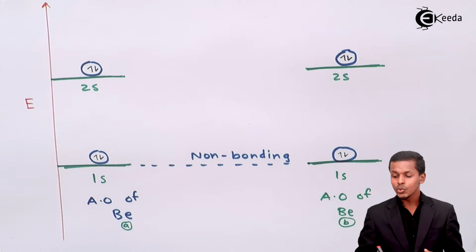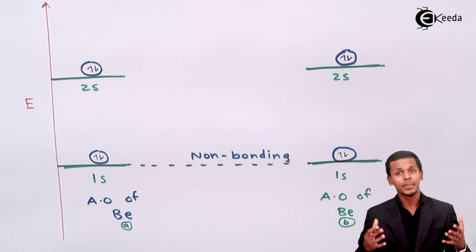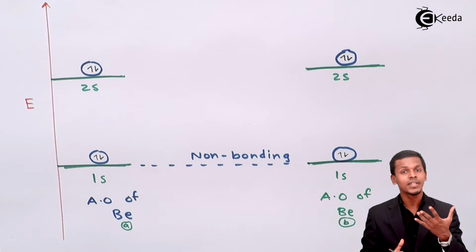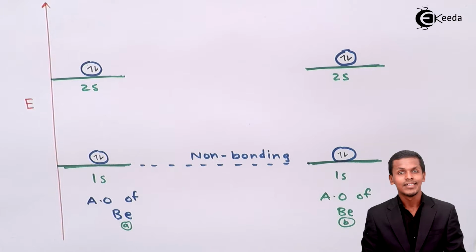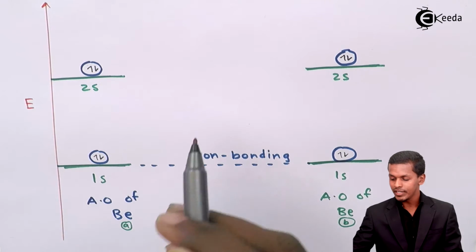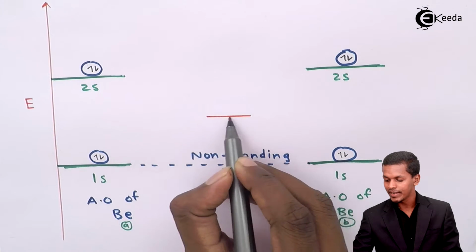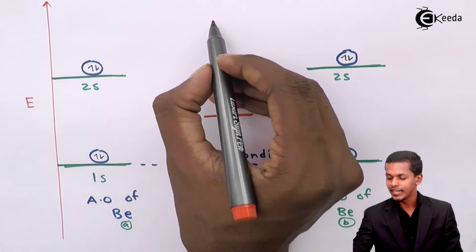So let us understand this. Suppose the 2s orbital and the 2s orbital of beryllium come close to each other so as to form the respective molecular orbitals. So two energy levels will be created over here, that is, two molecular orbitals. One will be at the lower energy level, while the other will be at the higher energy level.